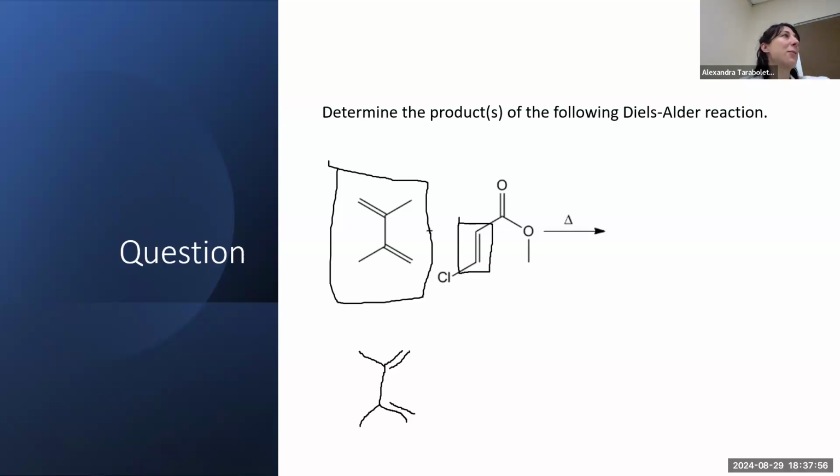Okay, that double bond is what's involved, right? What I'm going to do initially is just focus on these parts, putting them together, and then we'll fill in the rest. So this double bond is going to react with this diene. And if that were to happen, you'd have your double bond here, there's my chlorine and this guy.